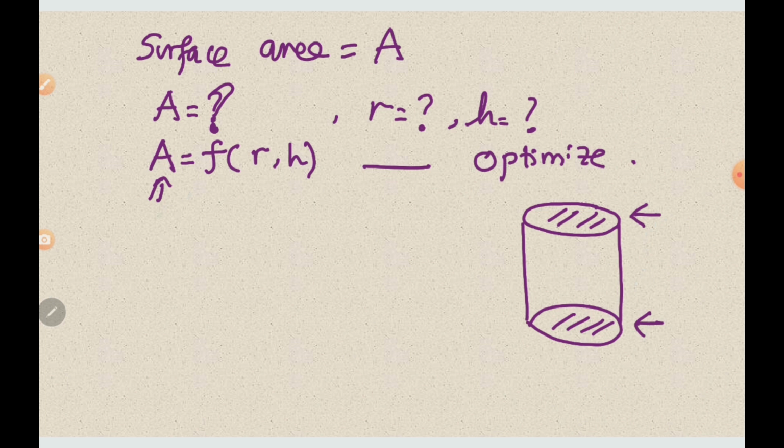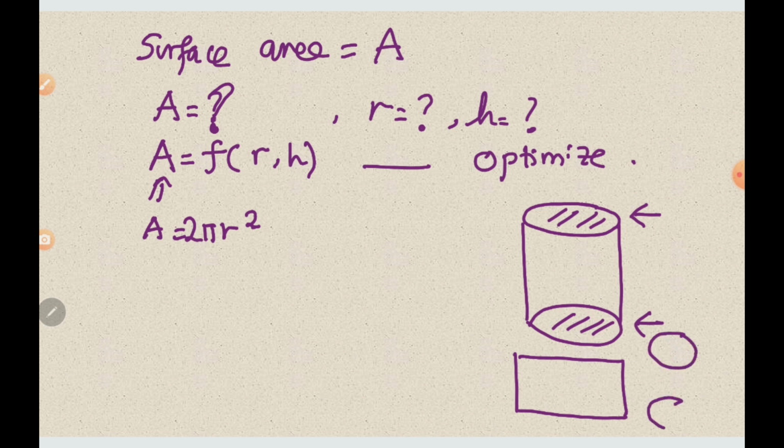Okay, so the surface area is equal to pi r squared, and we have two circles, so you need to put 2 in front: 2 pi r squared. Then when you open the cylinder, you unroll it, you will have the shape of a rectangle here. You will have a rectangle, and at the top you will have a circle, and at the bottom also a circle.